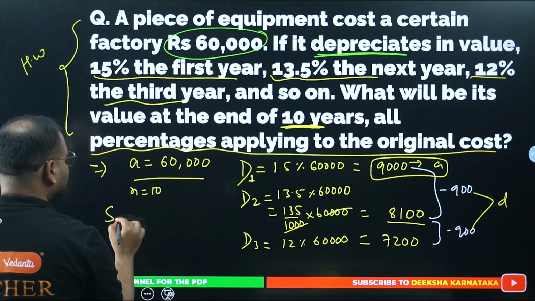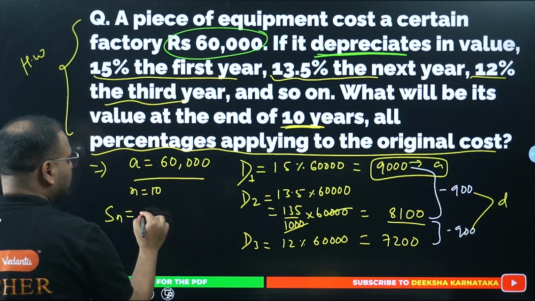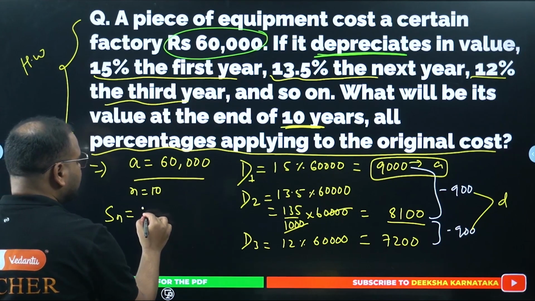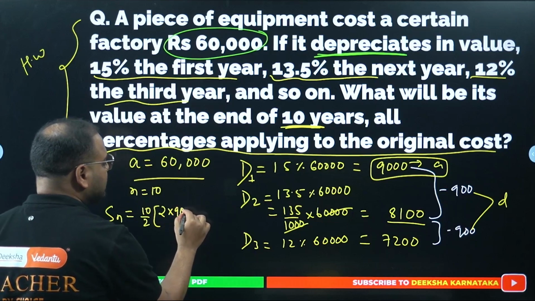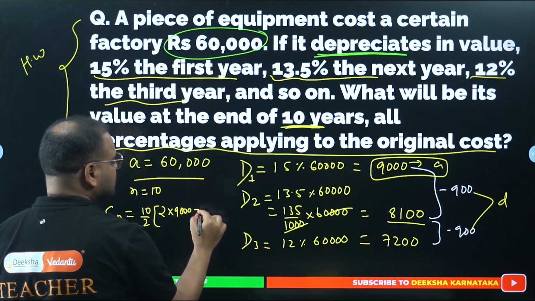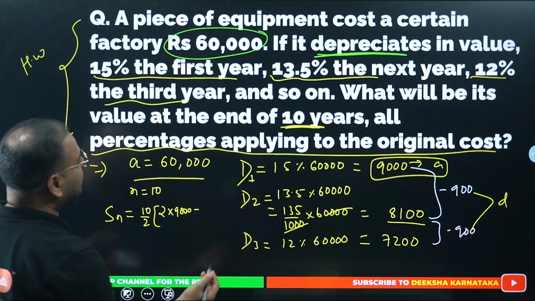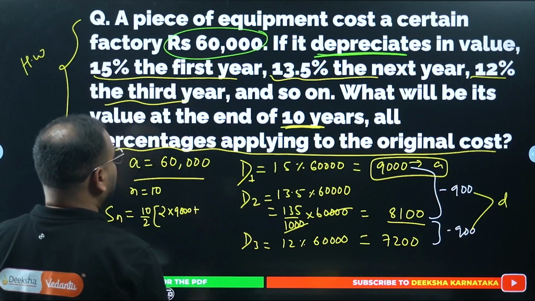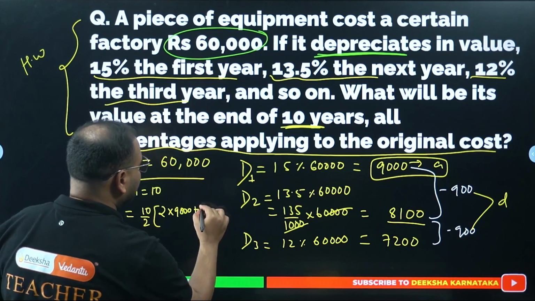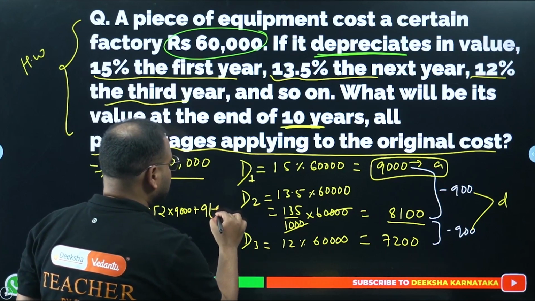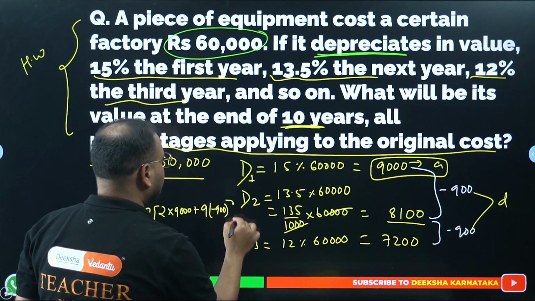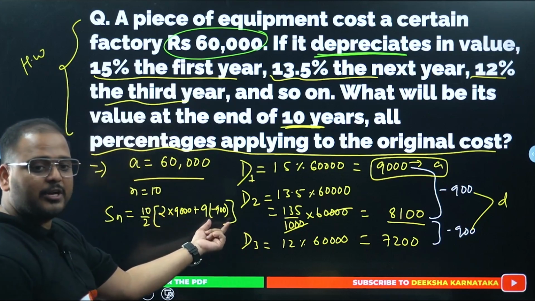If you have to find Sn, S10 will be 10 by 2 times 2 times 9,000 plus n minus 1, which is 9 times minus 900. That is Sn = n/2 [2a + (n minus 1) d].